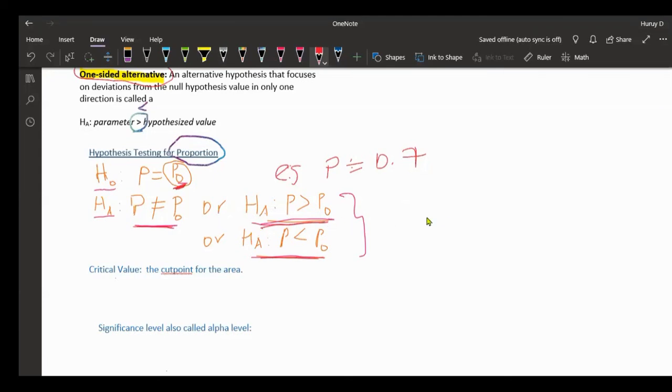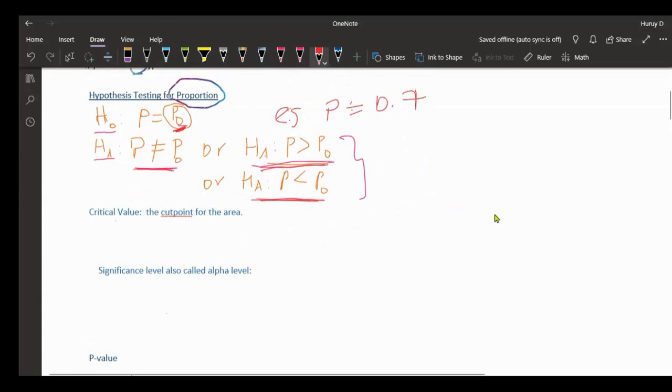So the defendant is innocent at the beginning, that's the assumption, and then they try to find evidence to convict him, right? So that's what we are trying to do. So it's always important to choose the alternative hypothesis properly. That's the most important thing.